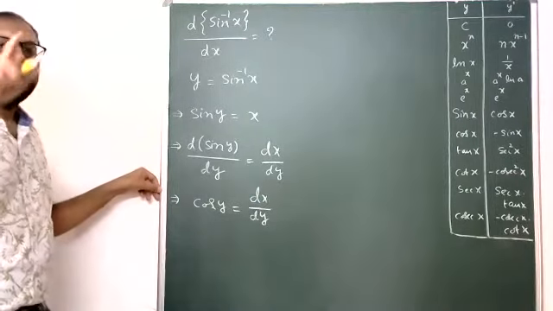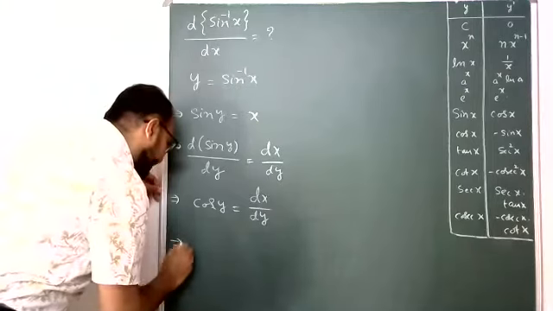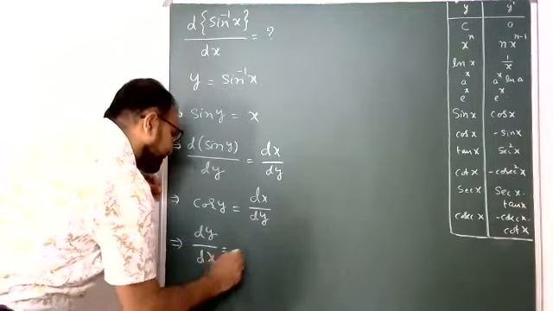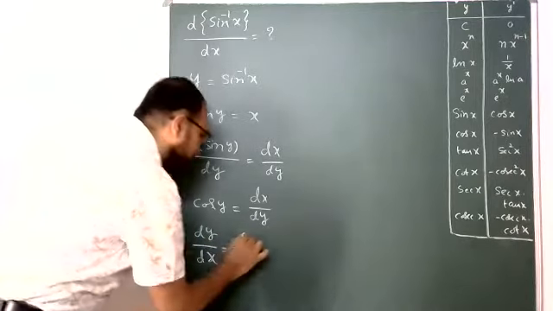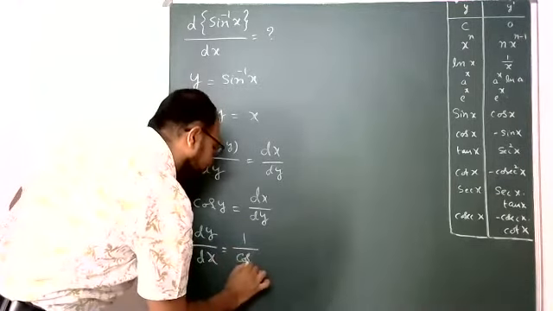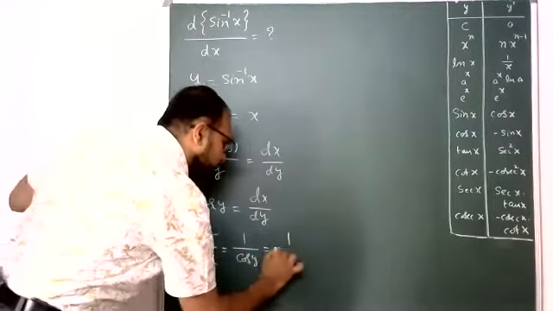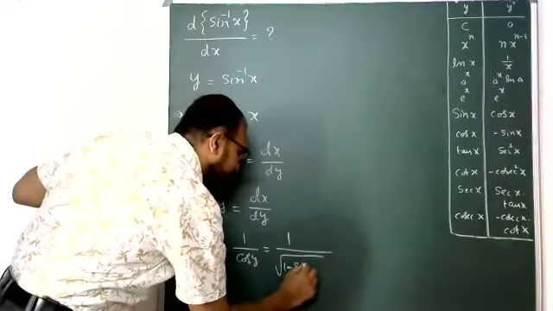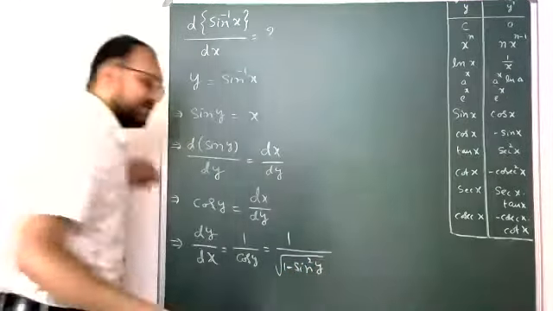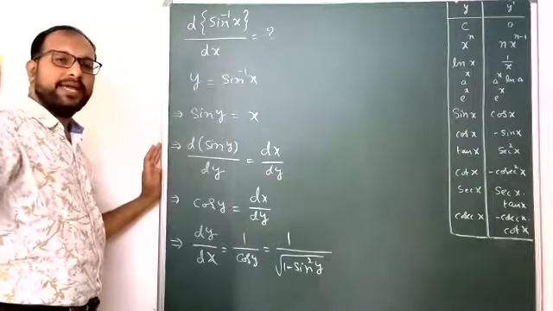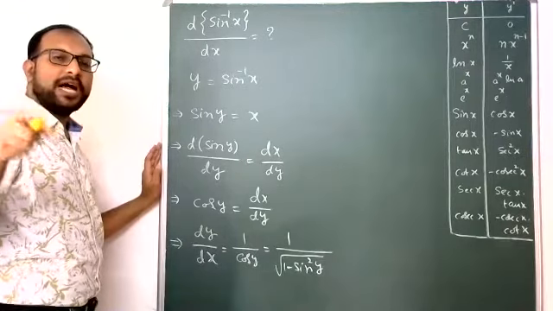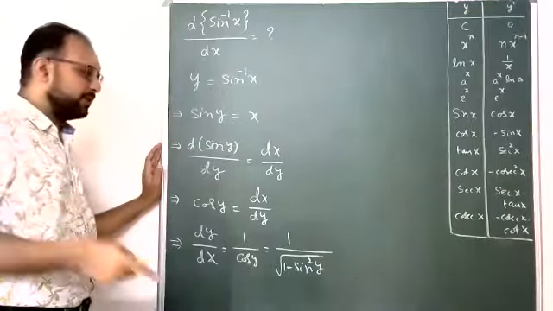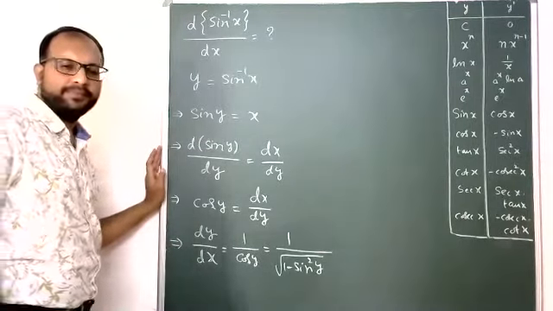But we need dy by dx. So next step, dy by dx is 1 divided by cos y. Students, cos y we can write using 1 minus sin square y, because sin square y plus cos square y equal to 1. Therefore, cos square y equal to 1 minus sin square y, so cos y equal to under root 1 minus sin square y.